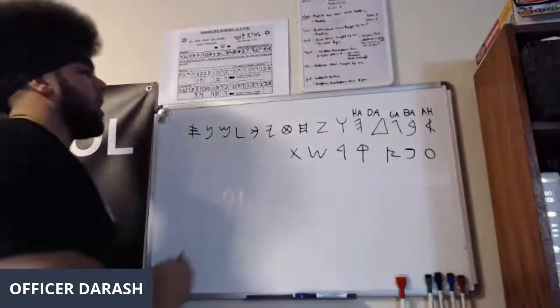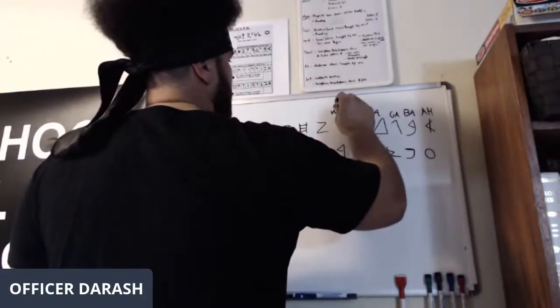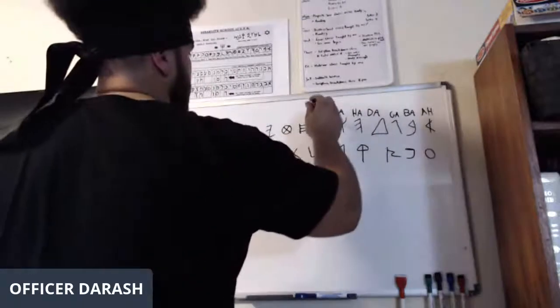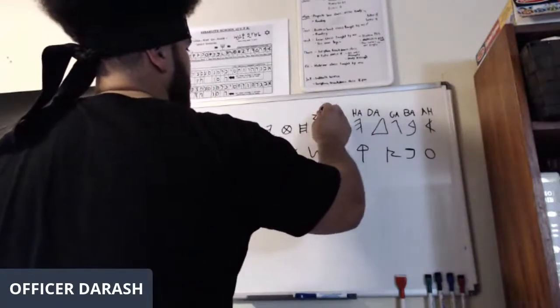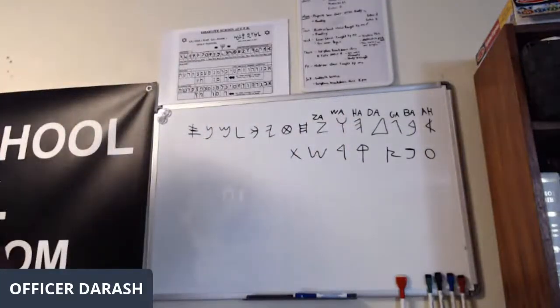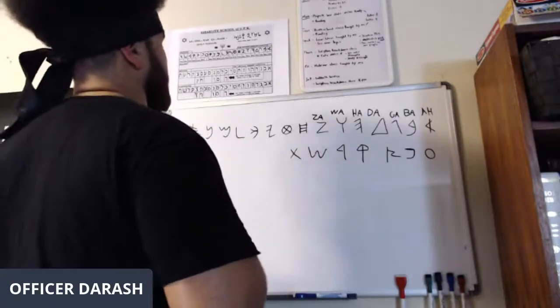Next we got wa, which is also used, and that would just make wa, then zayan, za. Remember, like last week, we explained that some of the characters in here are a lot like English.